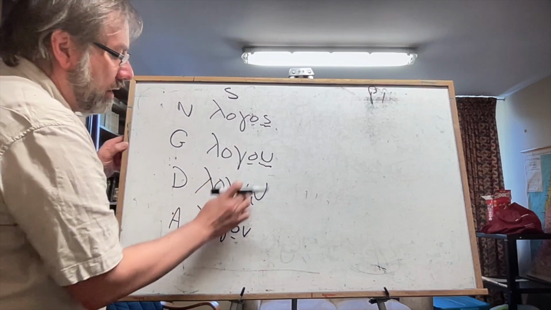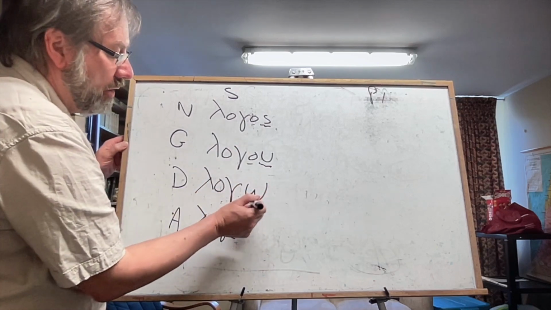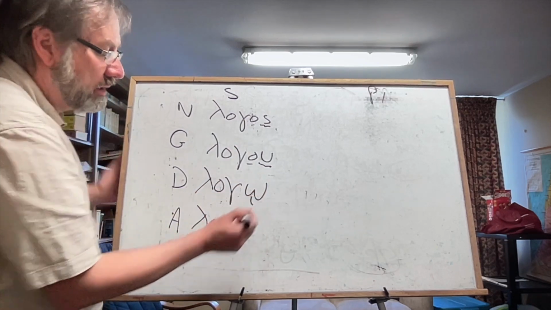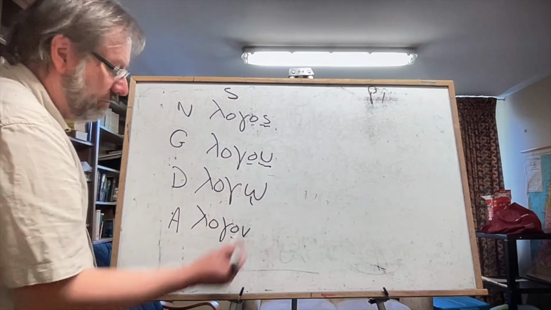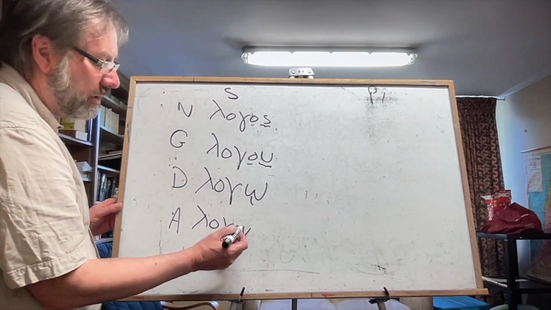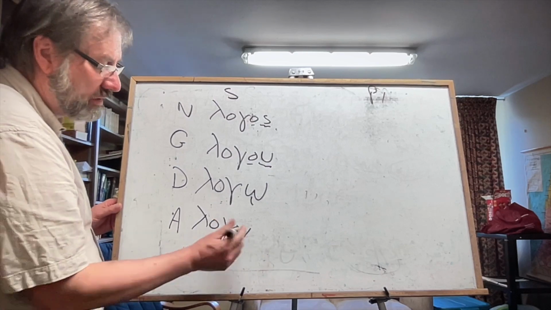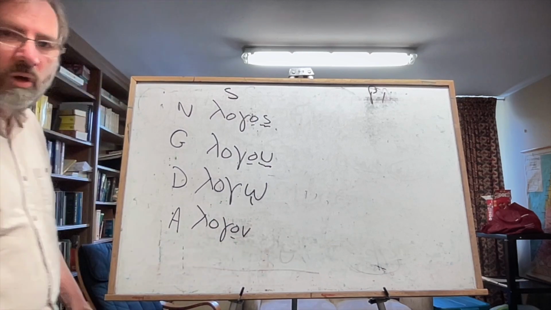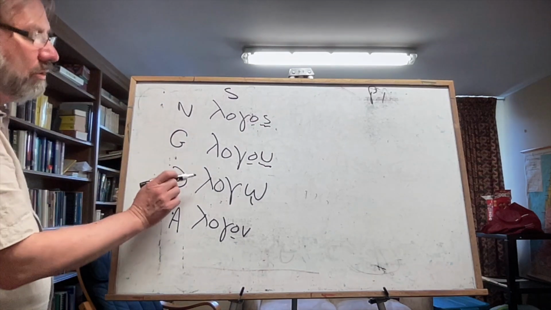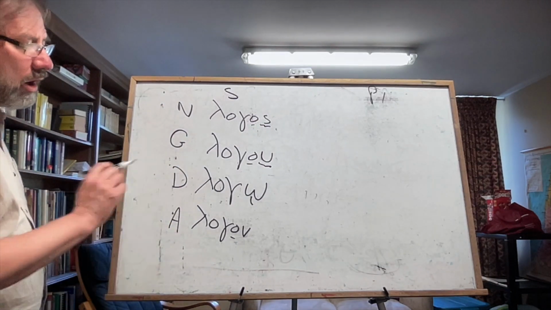This omicron lengthens to an omega and the iota subscripts underneath. The iota is singular, so it's logo. And the accusative is the omicron, the last vowel in the stem, and a nu. Logos, logu, logo, logon.